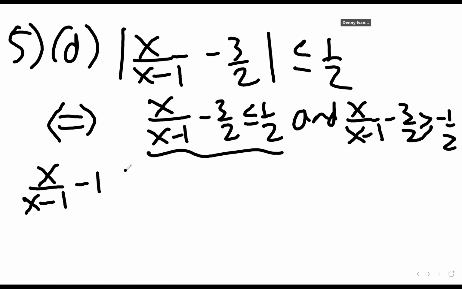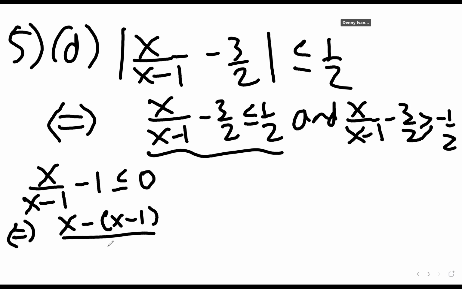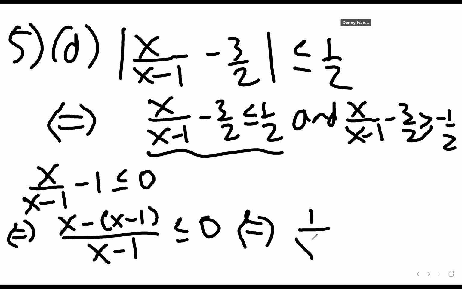That will be minus 1 is less than 0. And this is equivalent with x minus 1 over x minus 1 less than 0. Yeah? And if I simplify this, it becomes 1 over x minus 1 is less than 0.